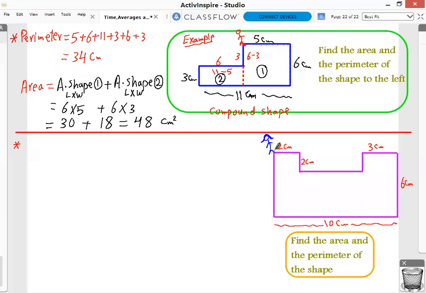Now we imagine one girl standing here and starting from this point to calculate our perimeter. Then our perimeter equals, yes, Sam, what is the first line?